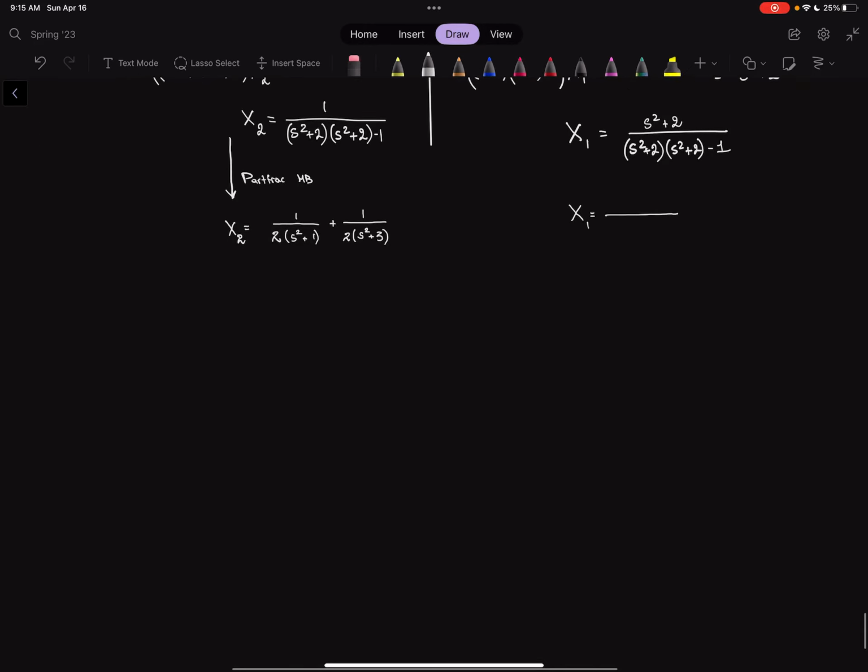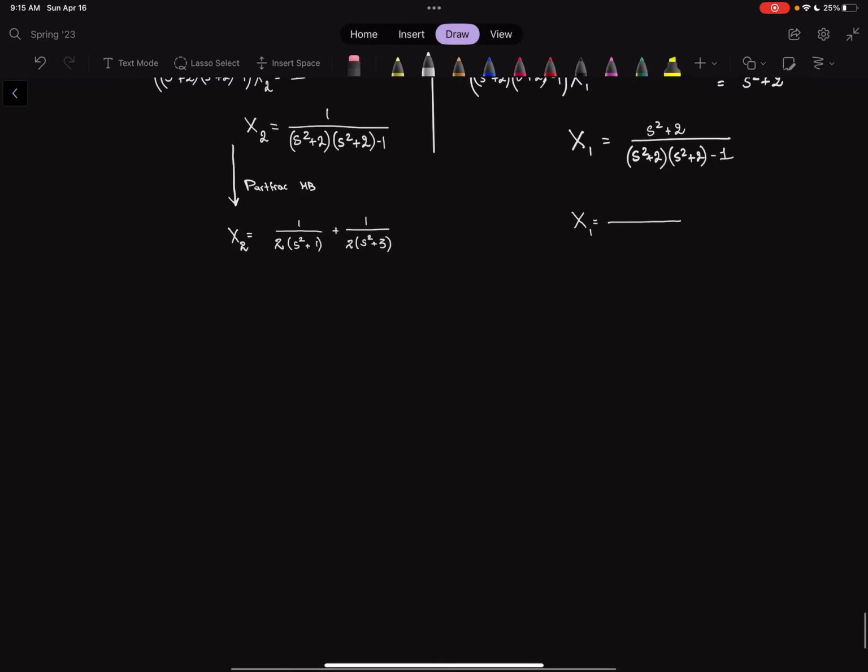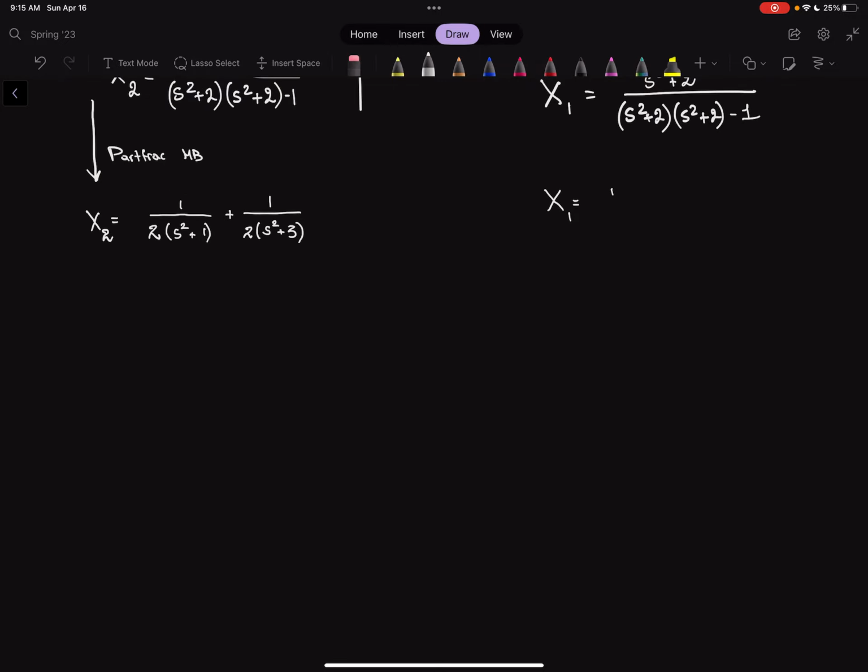Now, if I get the partial fraction here on the left and on the right, I actually get the same partial fraction. So here I also get 1 over 2 times s squared plus 1 over 2 times s squared plus 3 right here.